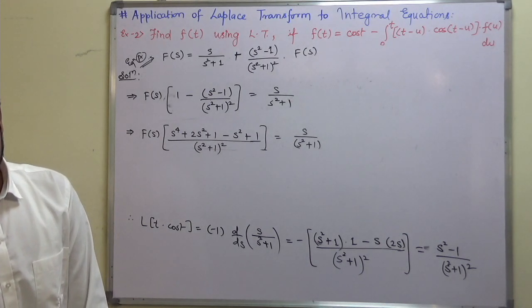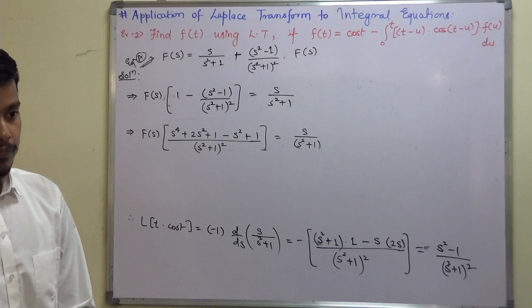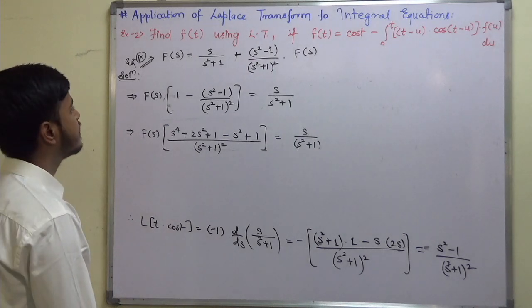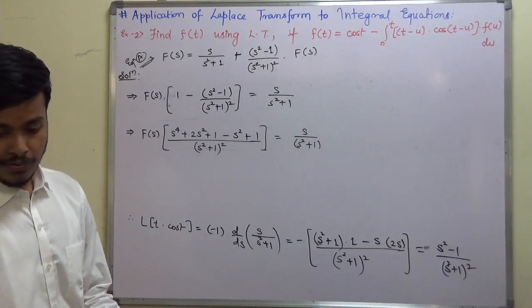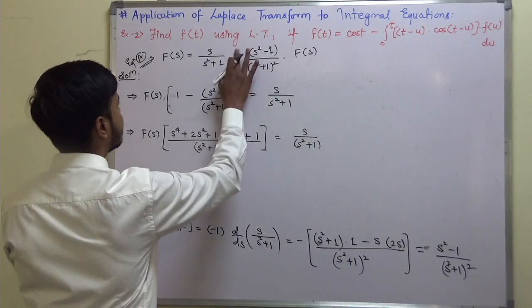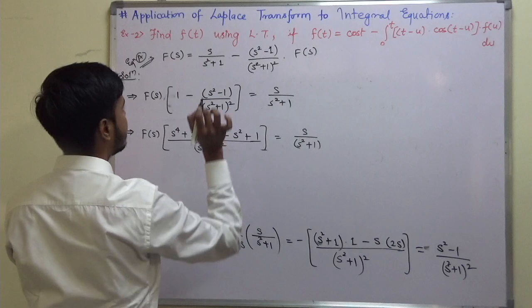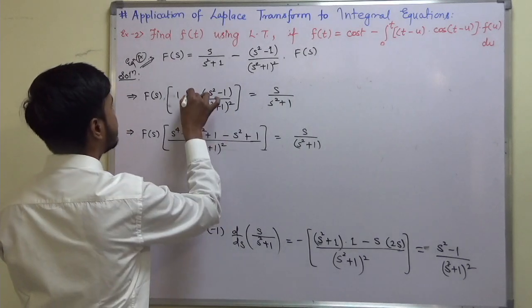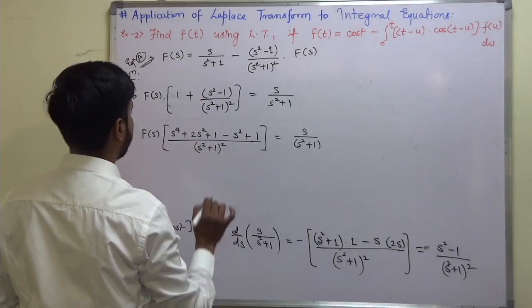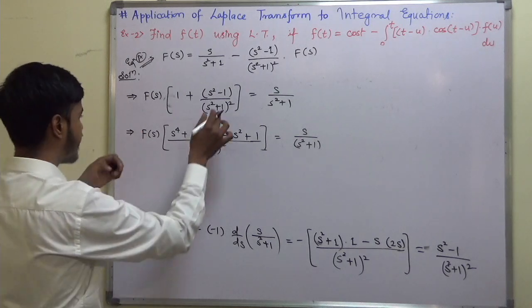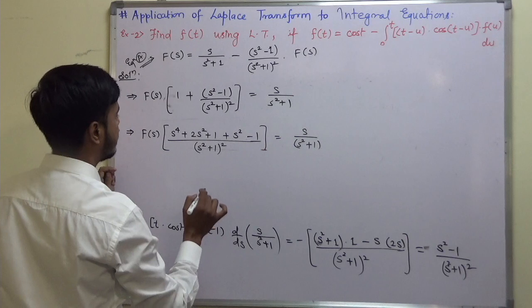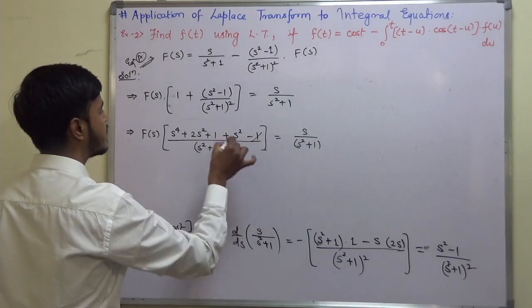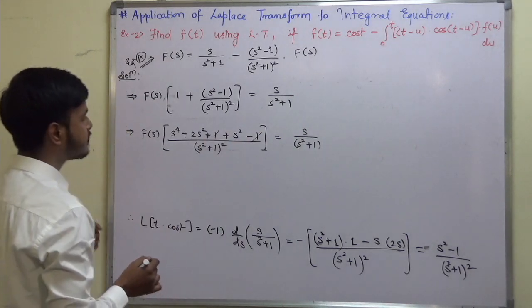Okay, it was minus here, sorry, and it should be plus. The rest of the thing is fine. So this is plus s square minus 1. So this minus 1 plus 1 get cancelled.